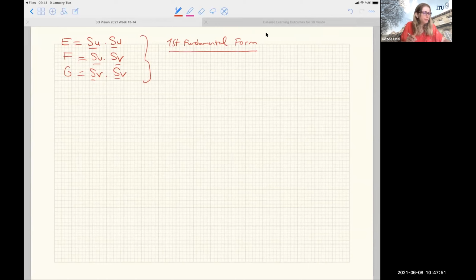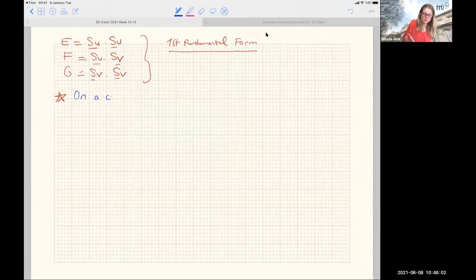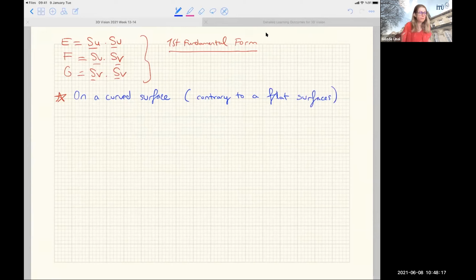So maybe let's show this on a curved surface. This intuition is important, guys. On a curved surface, we're talking about non-flat geometry, contrary to a flat surface. We are used to working with flat surfaces, Euclidean space.